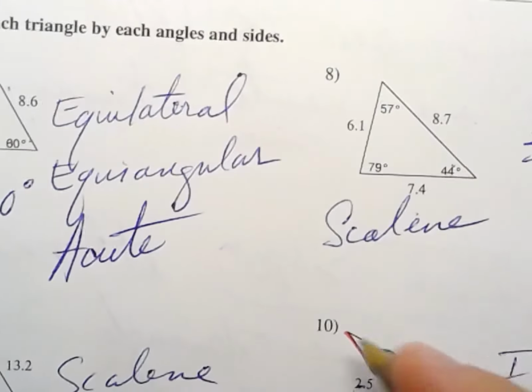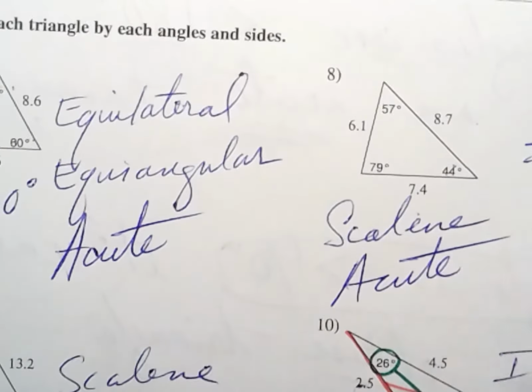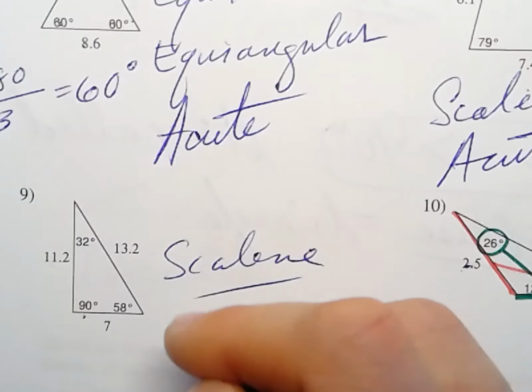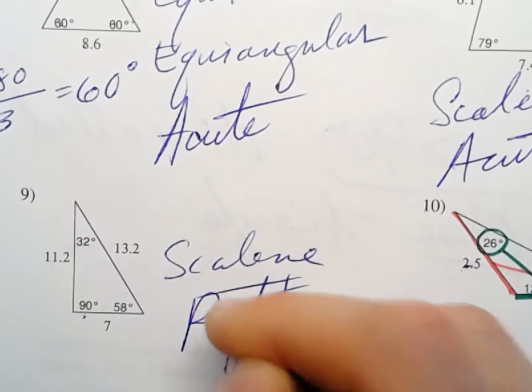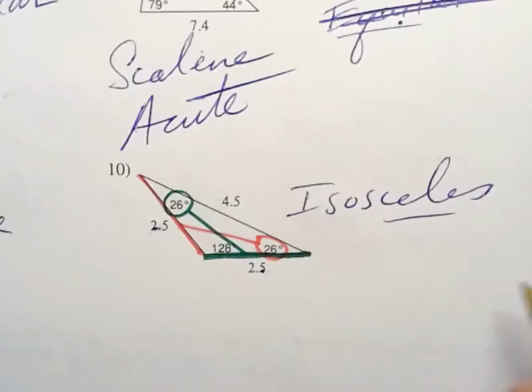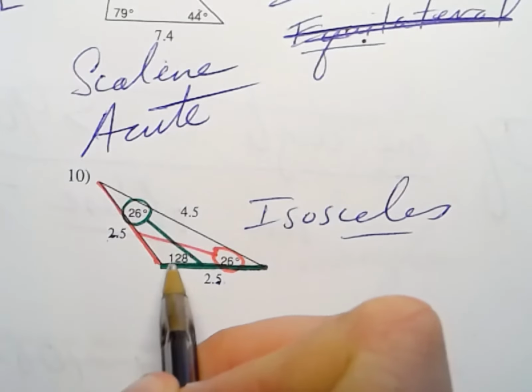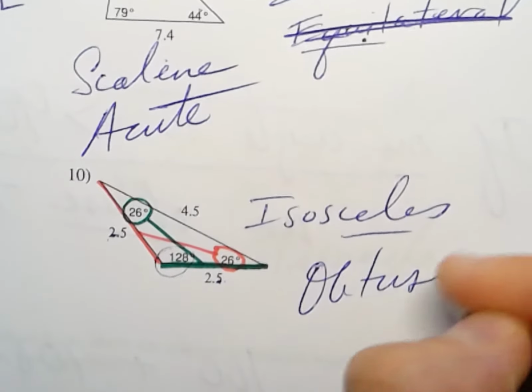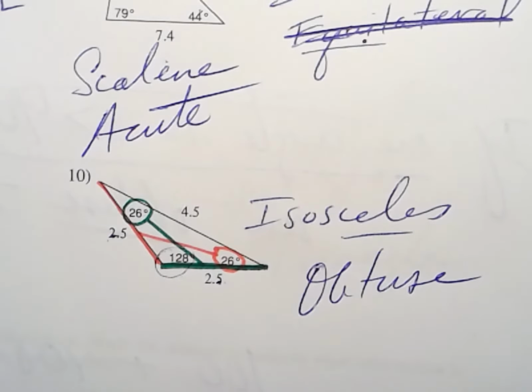This is scalene and acute. This is 90, so this is scalene right triangle. This is isosceles, but I have a 128 here. Notice that, 128. So it's isosceles obtuse.